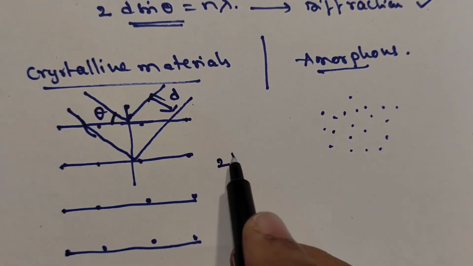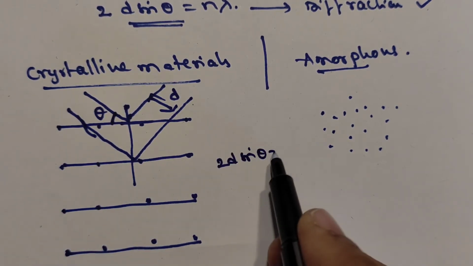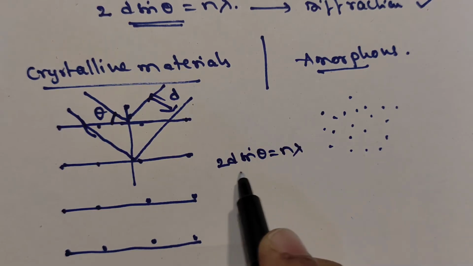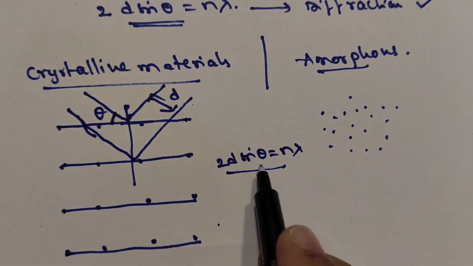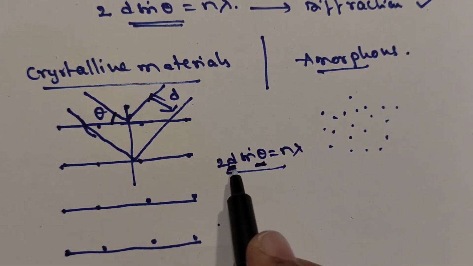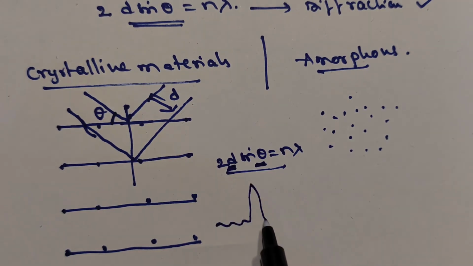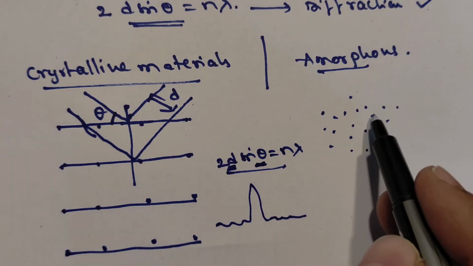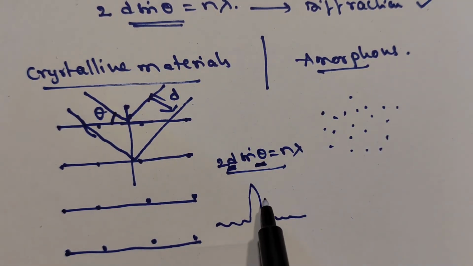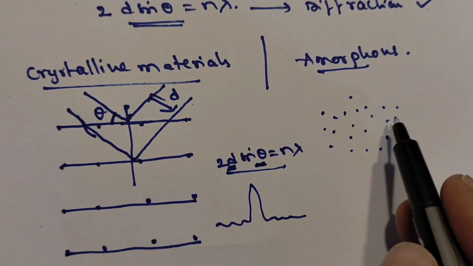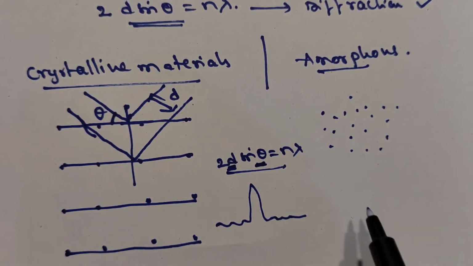If the condition 2d sin theta equals n lambda is matched for that particular theta and d value, we get the diffraction maximum, whereas this is not possible in amorphous materials. So the intensity changes are possible for crystalline materials and not for amorphous materials.